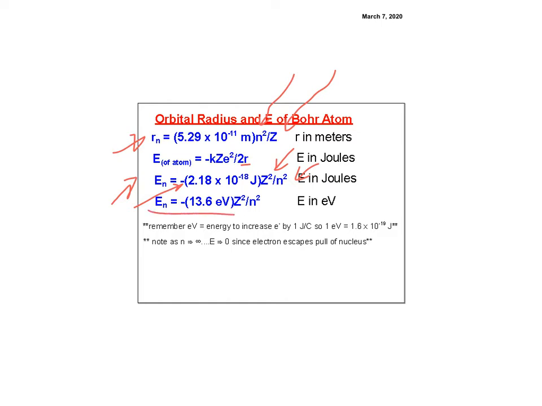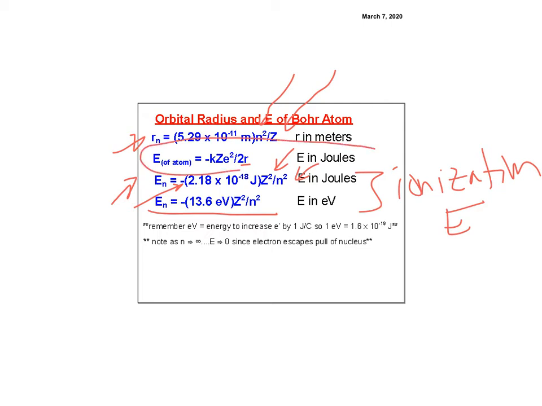Just so we know, these two are ionization energy, how hard it is to pull it away, as opposed to the total energy of the atom that it contains, which is electrical potential energy plus kinetic energy. Gets a little confusing. But the further out you get, the less hard it is to take it away.